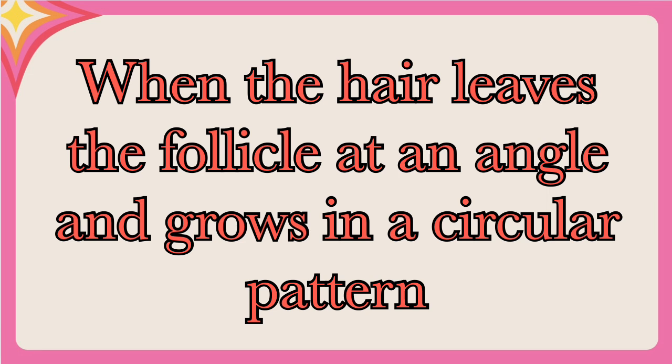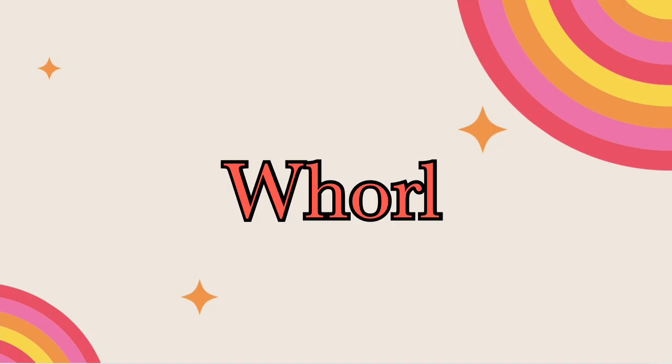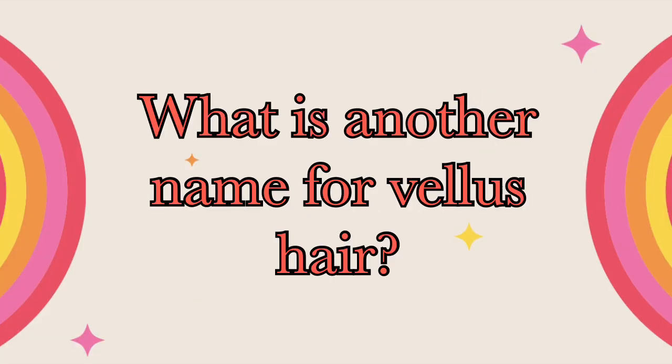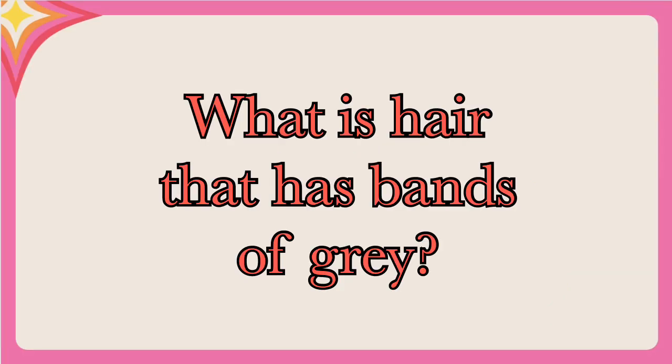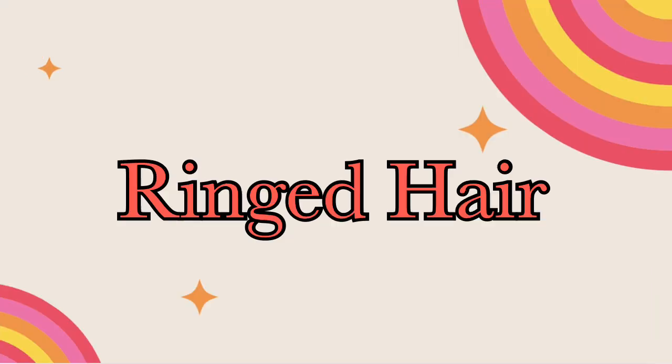When the hair leaves the follicle at an angle and grows in a circular pattern. A whorl. What is another name for vellus hair? Peach fuzz. What is hair that has bands of gray? Ringed hair.